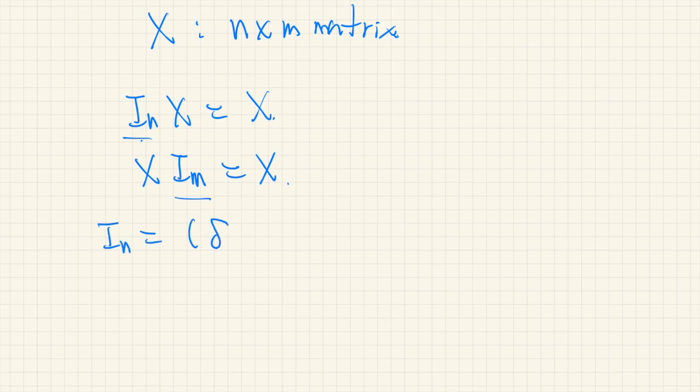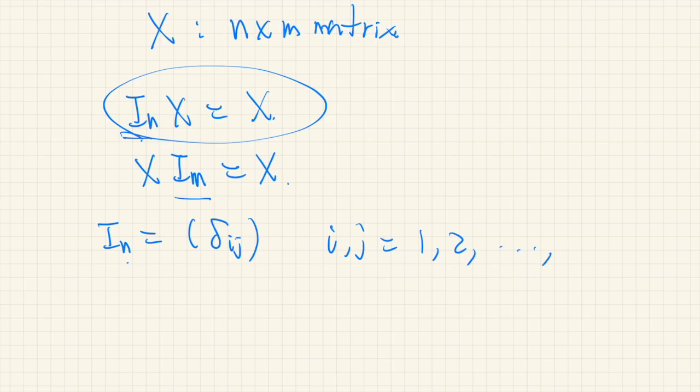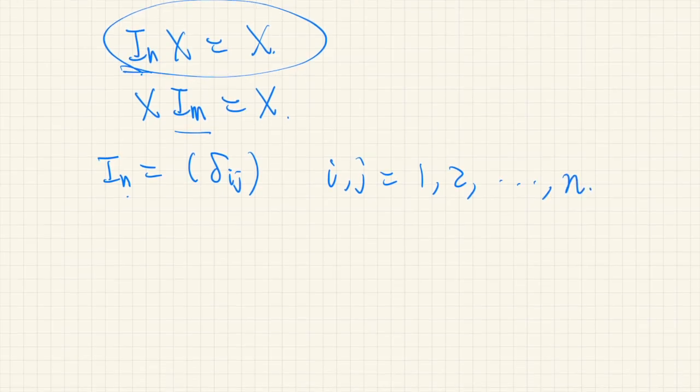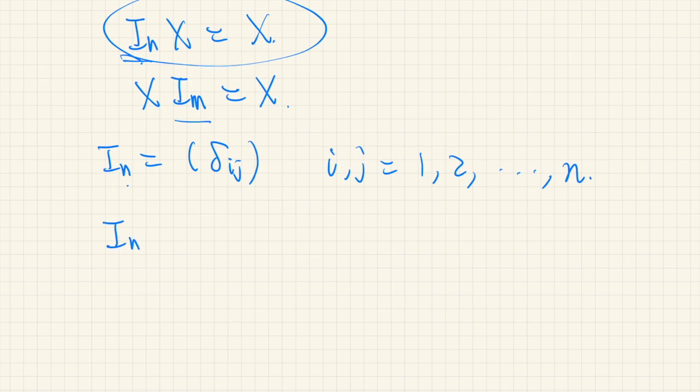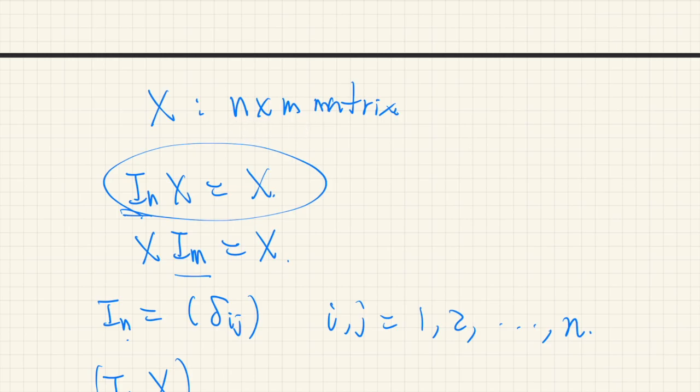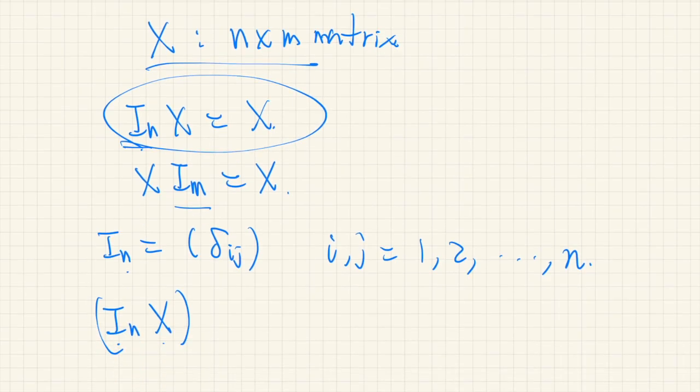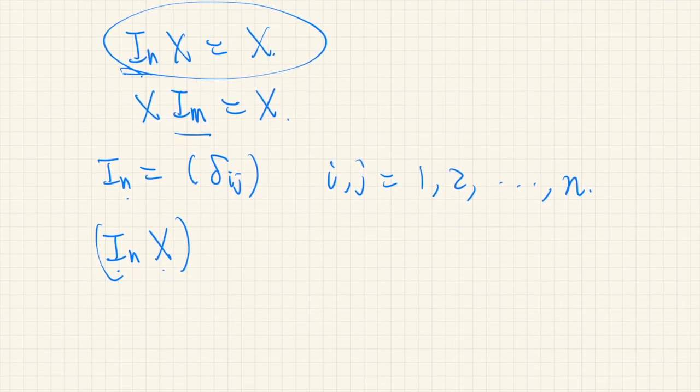Okay, first consider this one. The n by n identity matrix is this, where i and j vary from 1 to n. Let's consider the ij element of this matrix product. I_n times X: since I_n is an n by n matrix and X is an n by m matrix, the result is an n by m matrix.